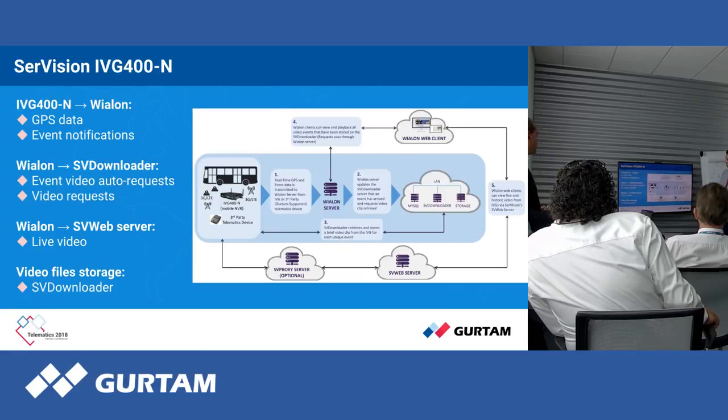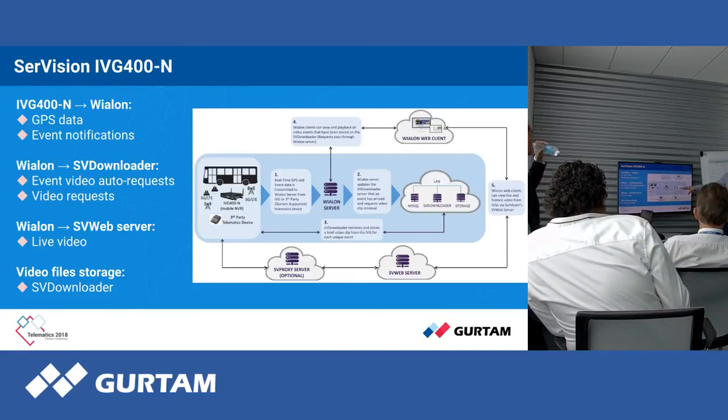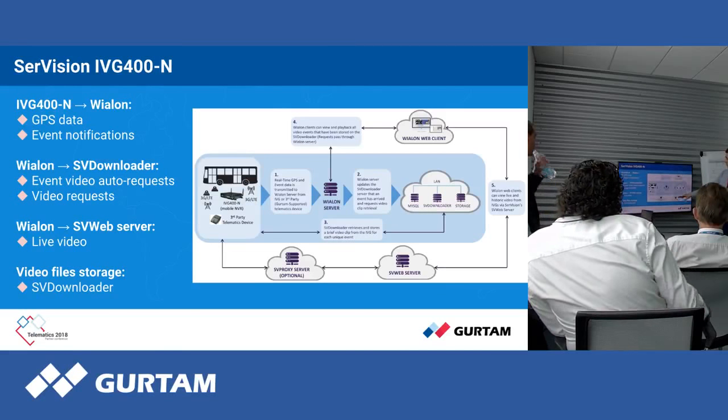For requesting video files, Wialon communicates with the Savision downloader server. And for live video, the Wialon web application communicates with the SV web server. In fact, this is quite similar to Hovin and Streamux, but this part of the scheme is different.